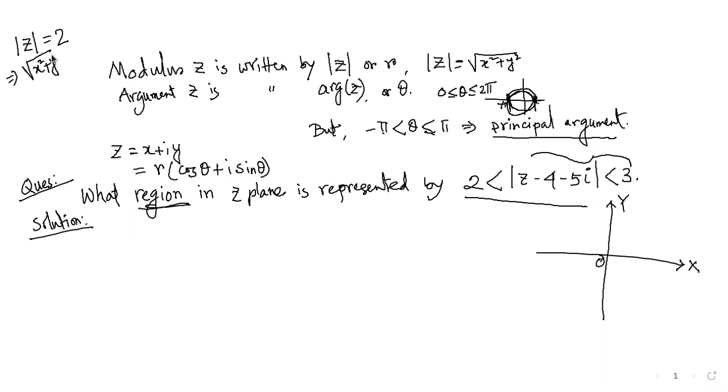Exactly, root over of x square plus y square equal to 2. Isn't it? If you have any question, please ask. Since z equal to x plus iy, we can write x square plus y square equal to 4. What is the 4? 2 square.